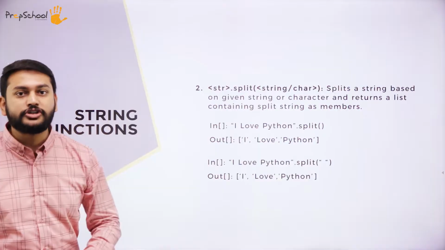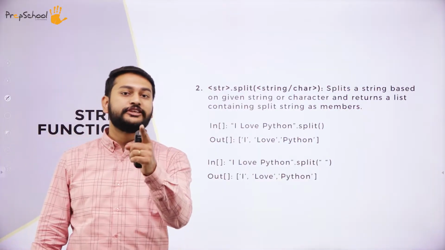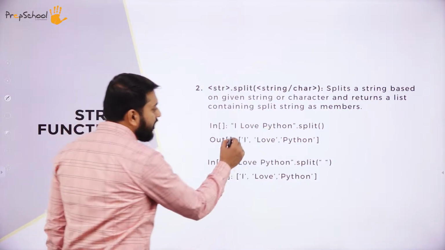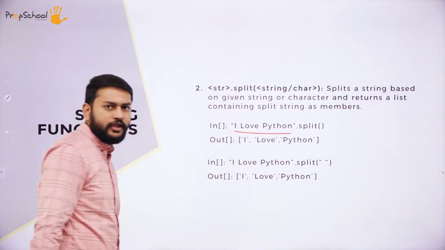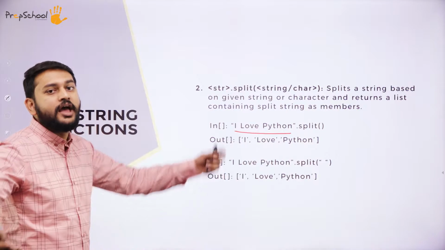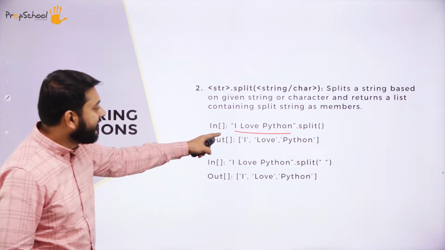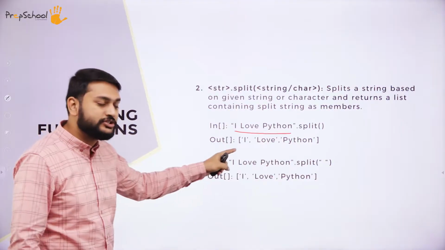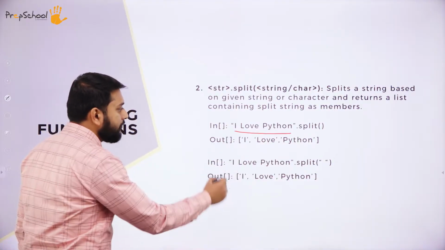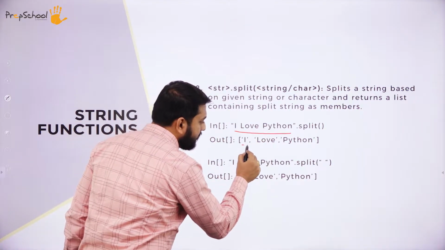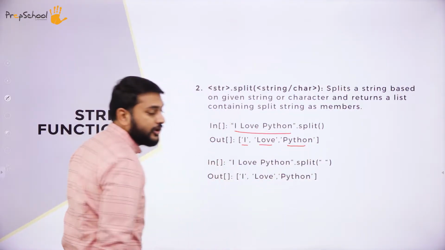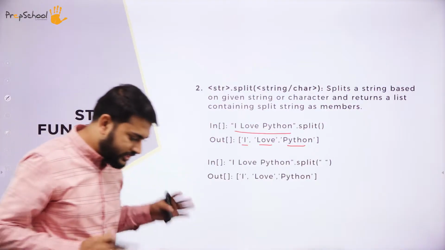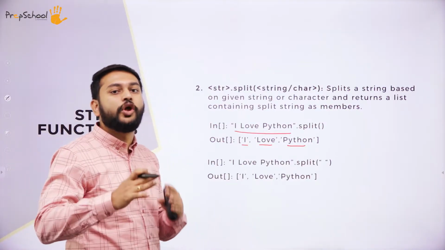I have dot split. What is the use of dot split? Please observe, guys, I love Python. Do you love Python? Yes, I love Python. So I love Python dot split. What exactly is my output? Please observe, I'm converting the string into a list, separating the string into individual objects.